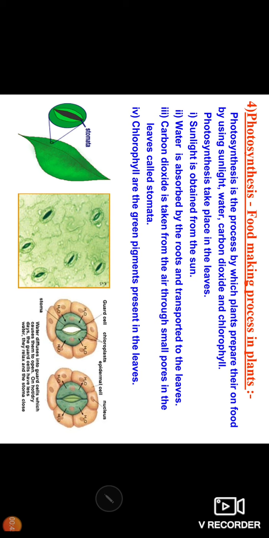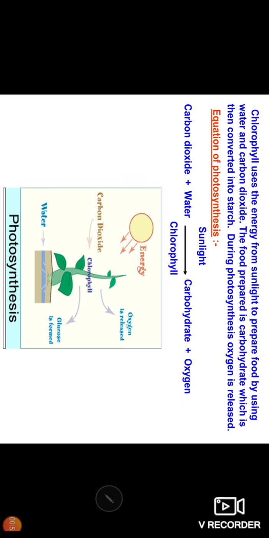So photosynthesis is the process by which plants prepare their own food by using sunlight, water, carbon dioxide, and chlorophyll. And again, the important equation of photosynthesis was also discussed. During photosynthesis, oxygen is released into the environment.